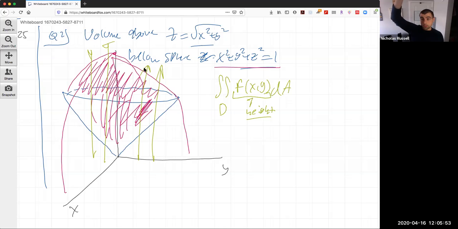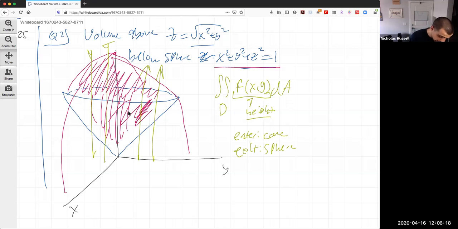Well, if I'm going up in this direction, where am I always entering from? I'm always entering from, I hope you'd agree, the cone. And I'm always exiting from the sphere. So my height really is the height of the sphere minus the height of the cone.